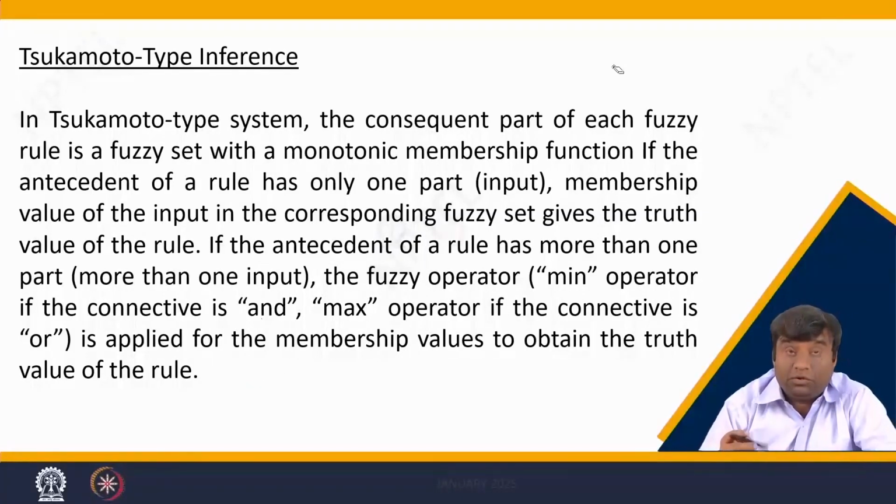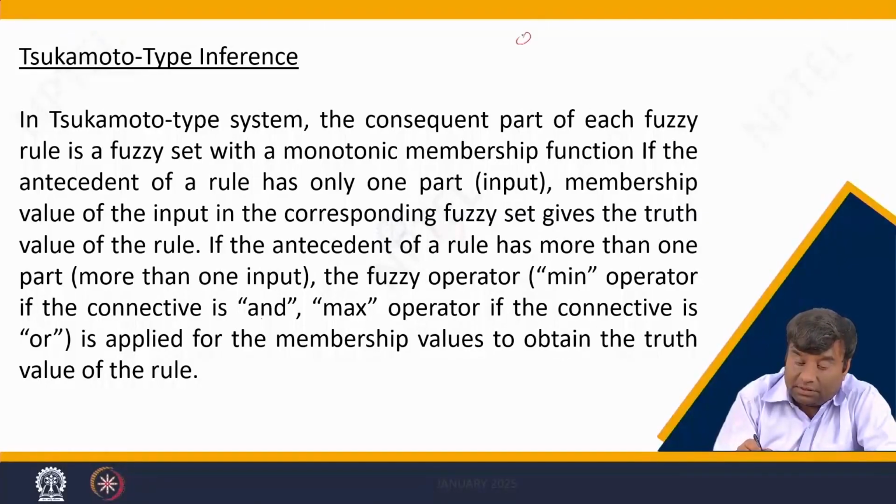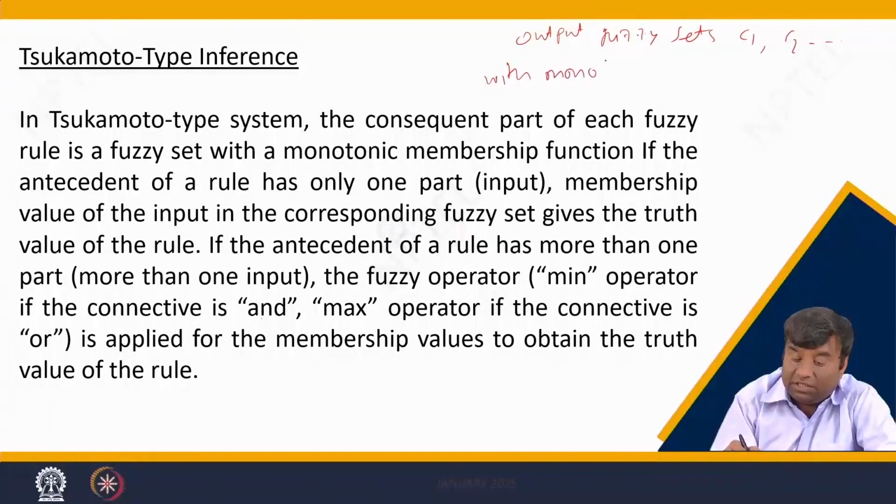So in Tsukamoto, the output fuzzy sets, which are C1, C2 and so on, are fuzzy sets with monotone membership functions, that is, either increasing or decreasing.